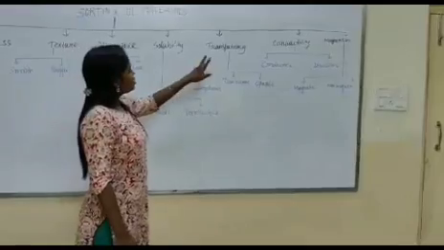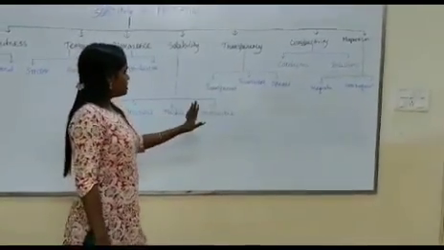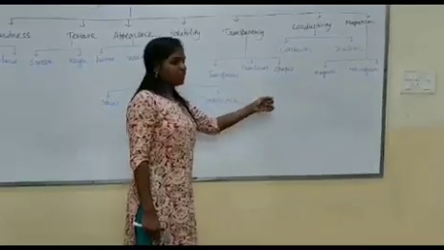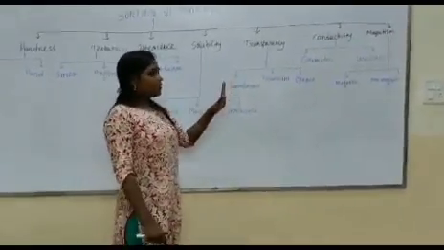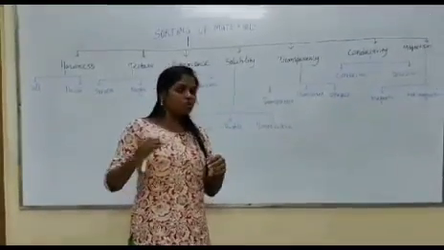Next part is transparency. Transparency is divided into three parts: transparent, translucent, and opaque objects. Transparency indicates the amount of light passing through a substance.